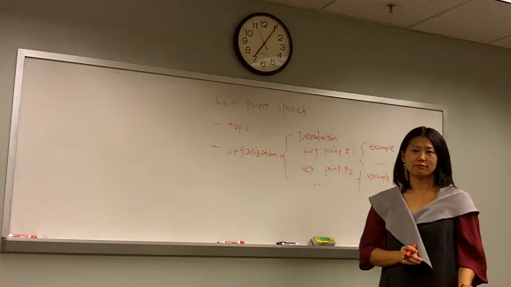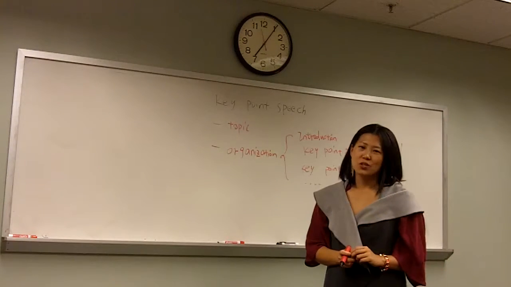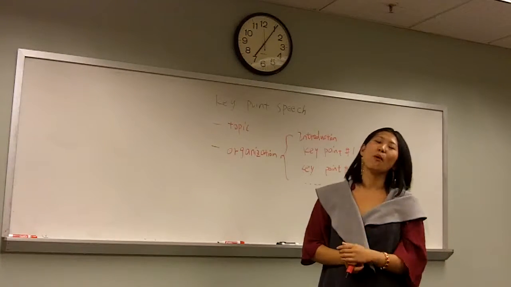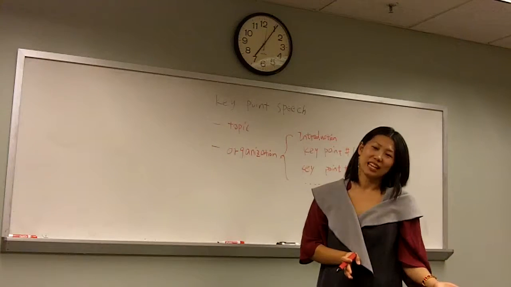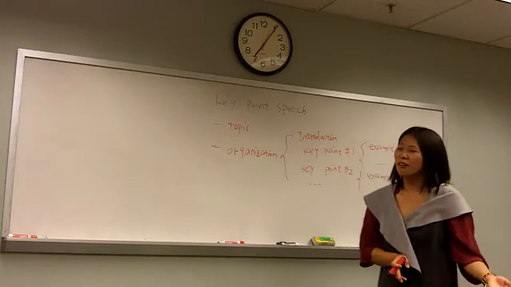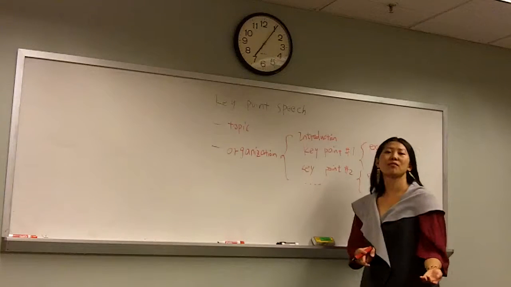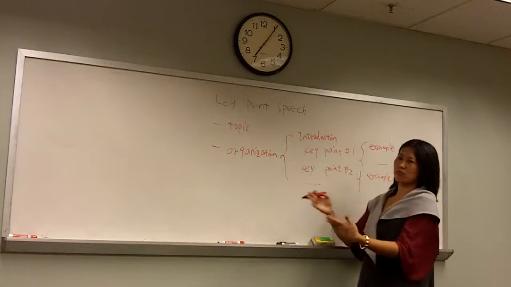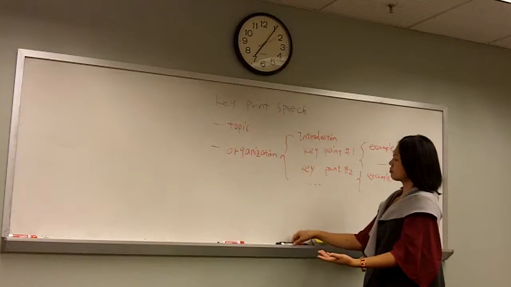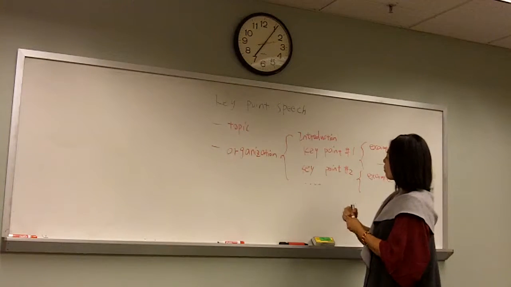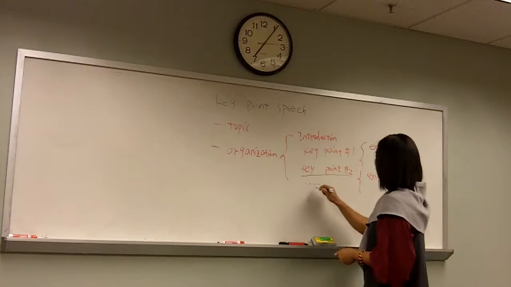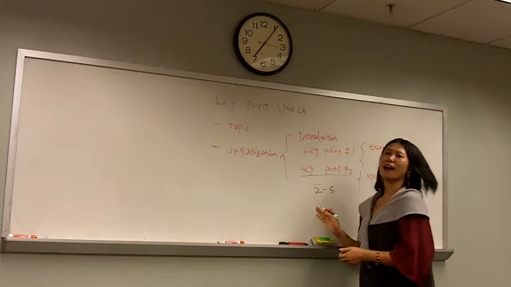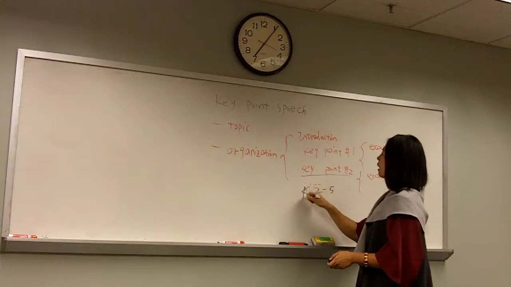We move on. You might have the question, how many key points is enough? It's hard to have a perfect answer. Is that 5? Is that 3? But the general principle is that for key points, 2 to 5 is a sweet spot.